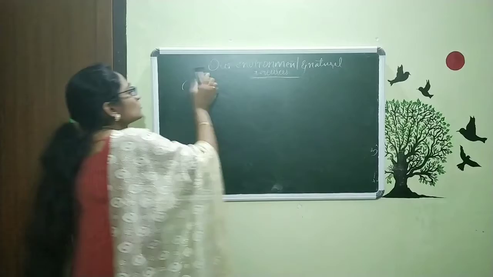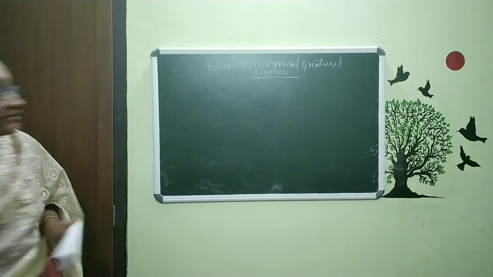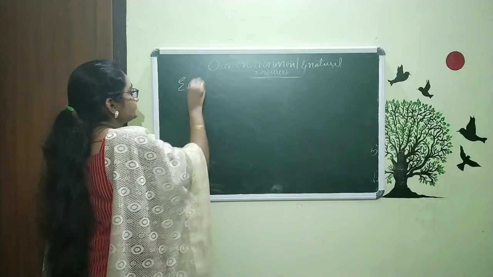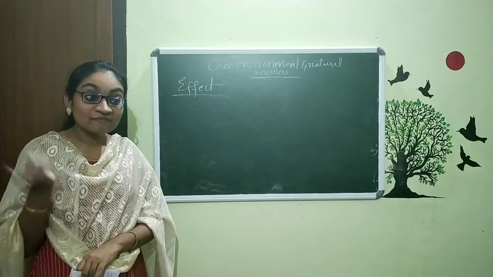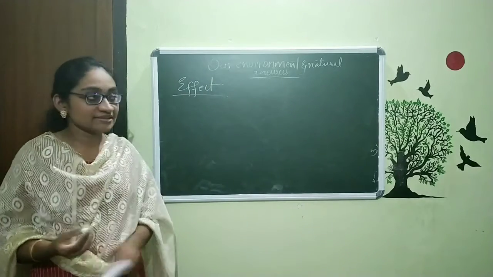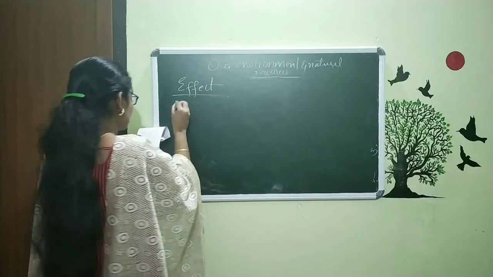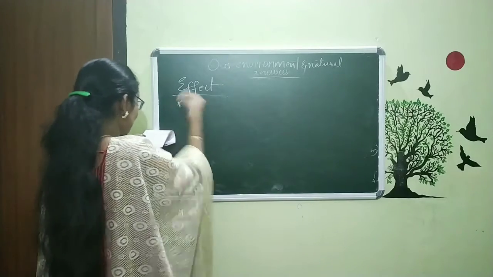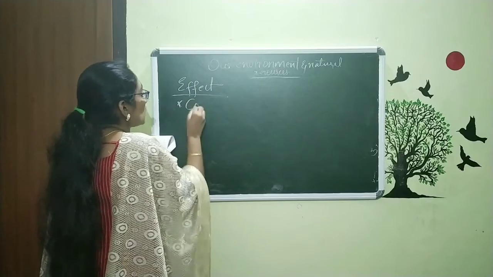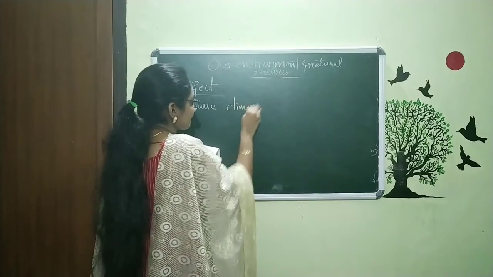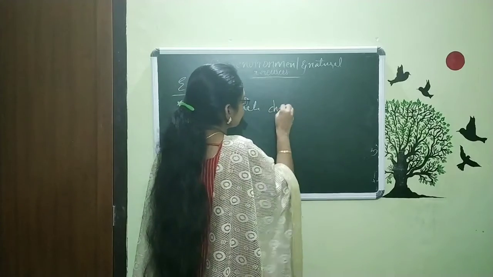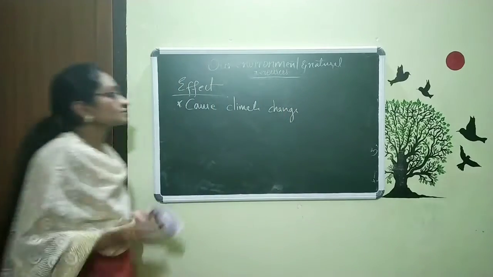And now we are going to study the effect of this global warming. Effect means what will happen with this global warming. So the first effect is this: it causes climate change.